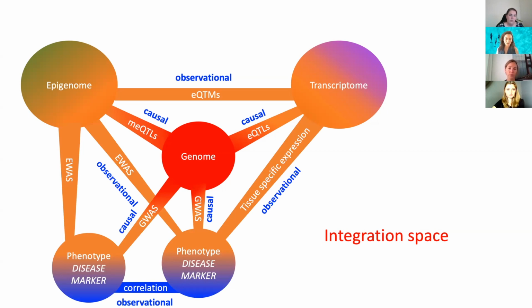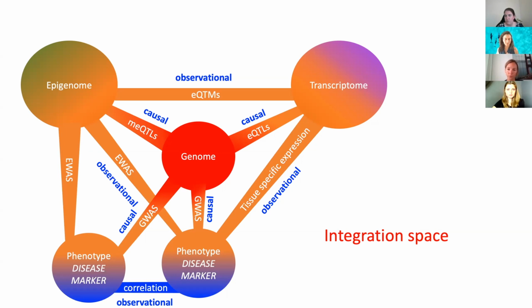And then we have phenotypes. What can these phenotypes be? They can be a disease marker, they can be metabolites, metabolomics, or proteomics, which would be the most closely related to epigenome, transcriptome, and genome.